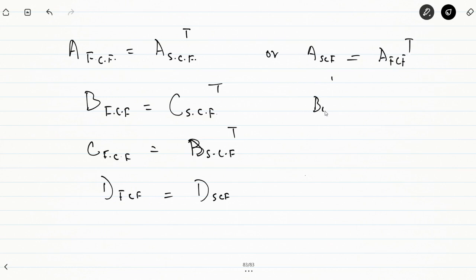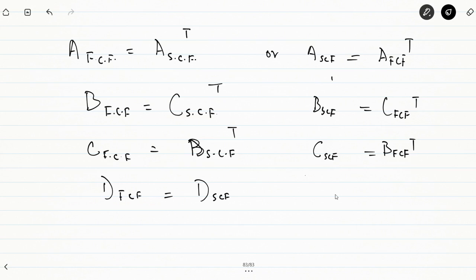The B matrix of the second companion form is the C matrix of the first companion form transpose. The C matrix of the second companion form is the B matrix of the first companion form transpose, and this relation holds as it is. So if you have the second companion form given, you can find the first companion form, or if you have the first companion form given, you can find the second companion form. So this is all about the second companion form.